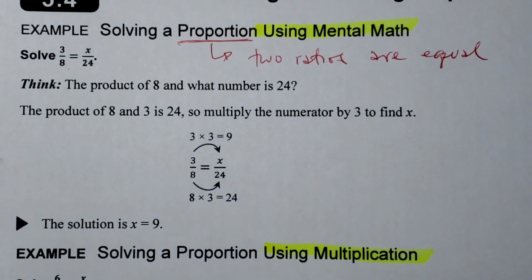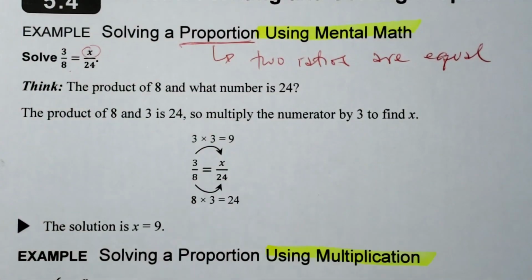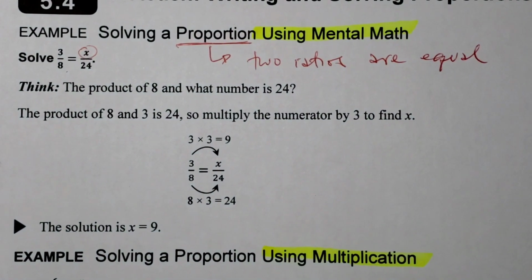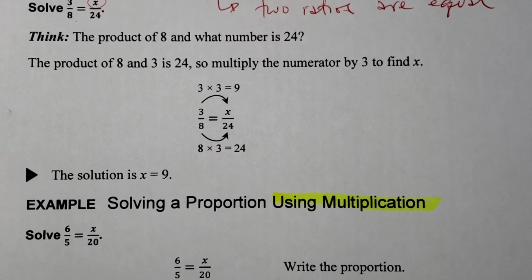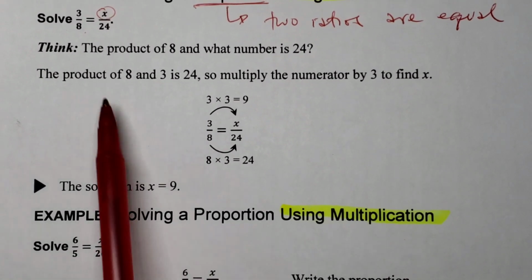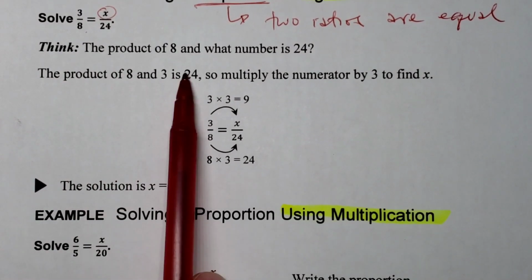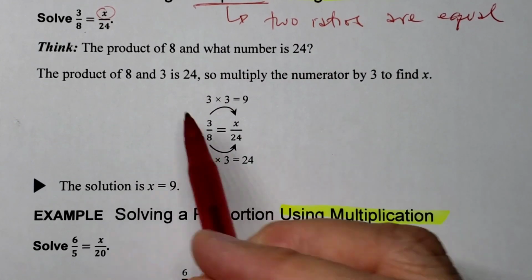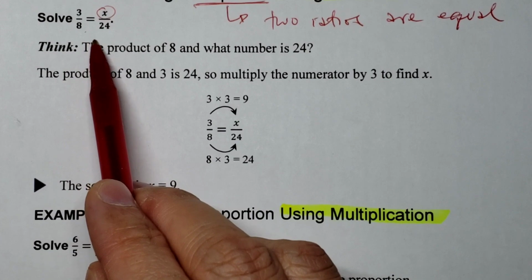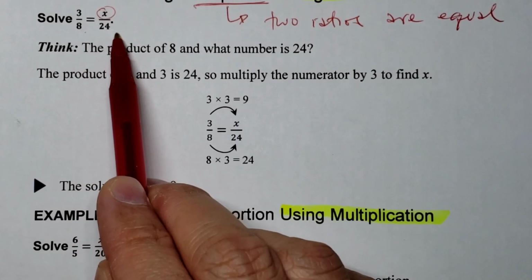If we have this type of problem, we need to figure out what x is. 3 over 8 is equal to x over 24. When you solve a proportion using mental math, you need to think: the product of 8 and what number is 24? So 8 is being multiplied by what number to get 24?